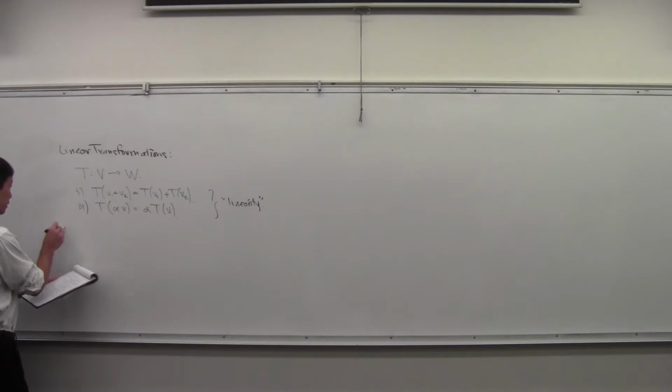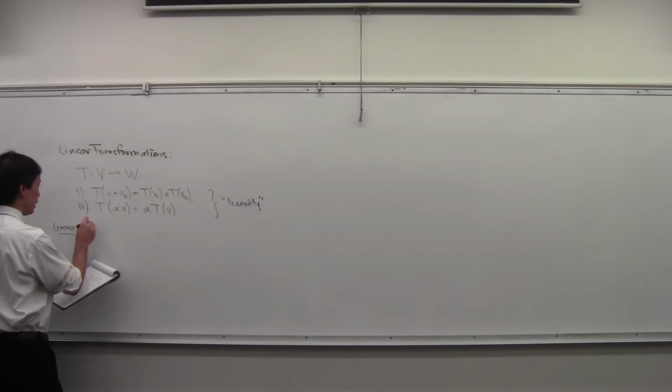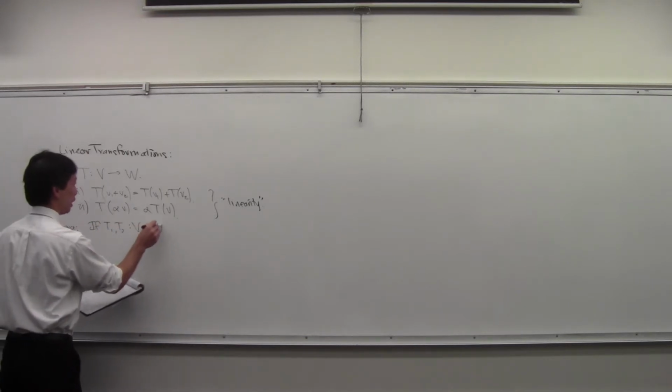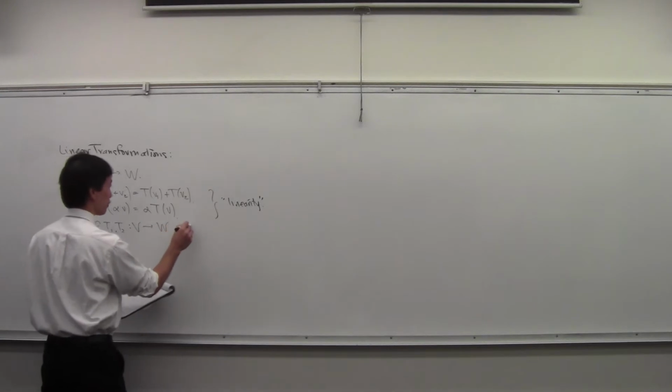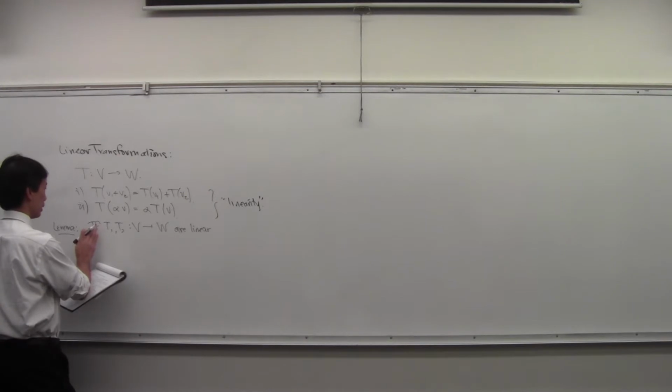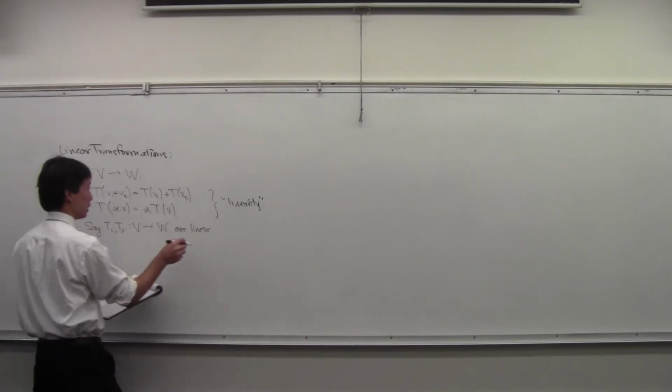So here's a lemma. This is a pretty important lemma. It says that if T1 and T2 are linear transformations, let me say it this way. Say T1 and T2 are linear transformations.